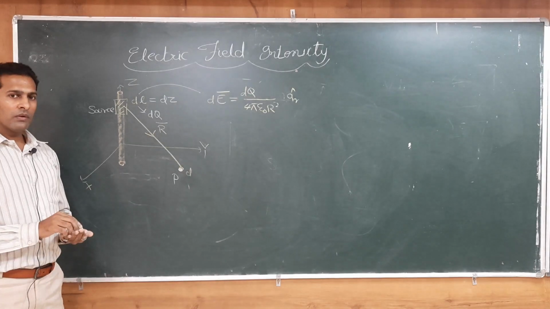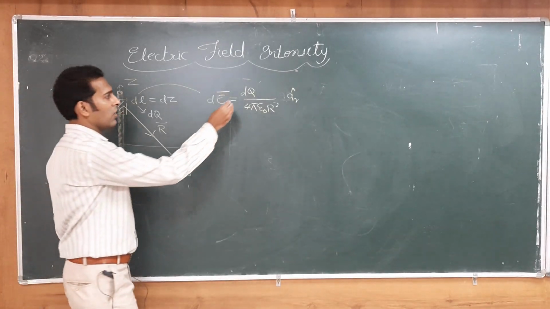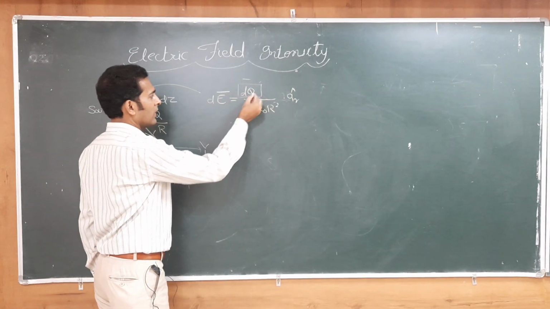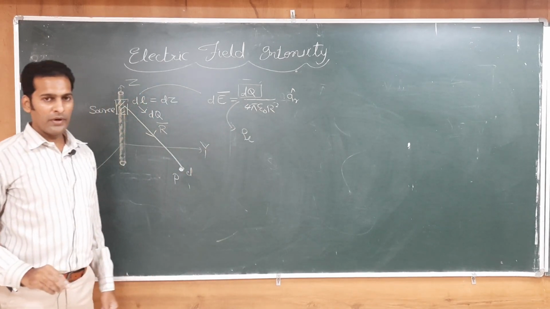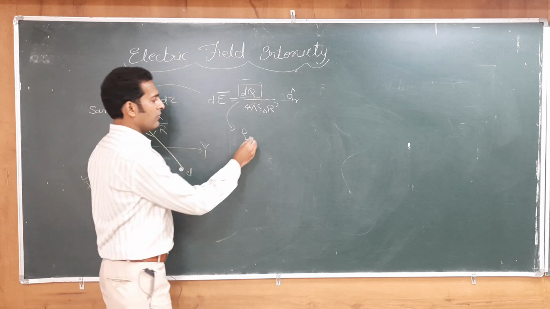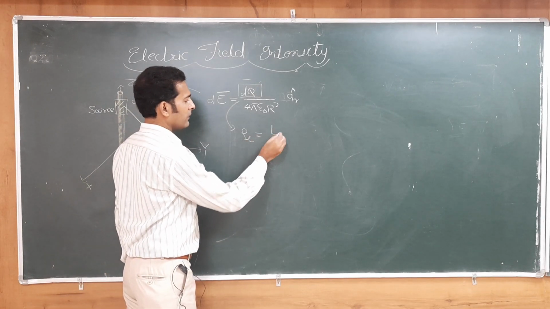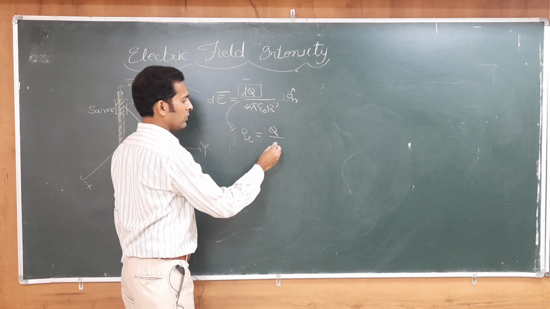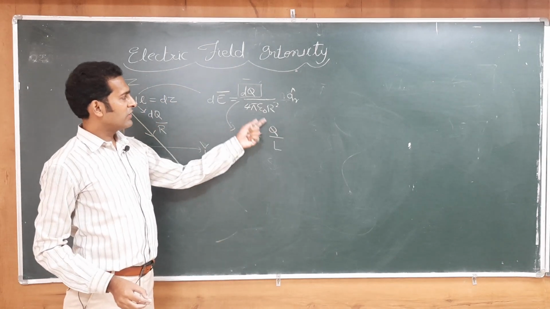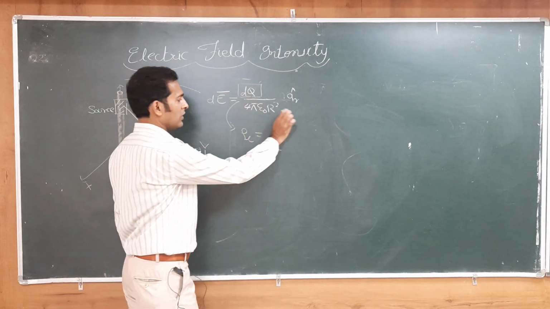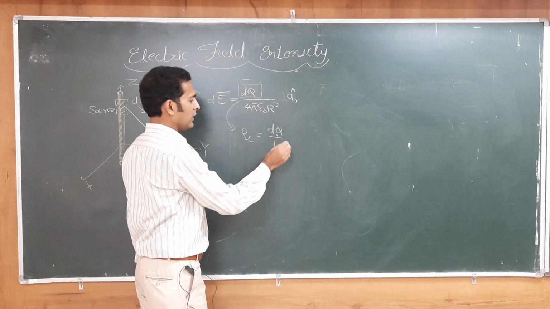So for a line, what is the charge? Charge is not a single charge dq. Charge is rho L, as we have just discussed. The formula for rho L is charge per length L. Now, the charge is a differential charge, so we can write it as dq.